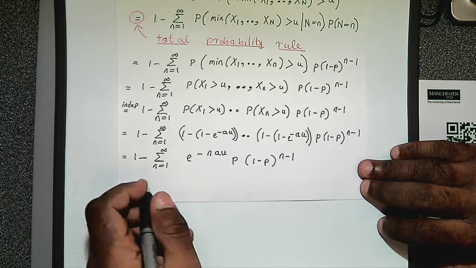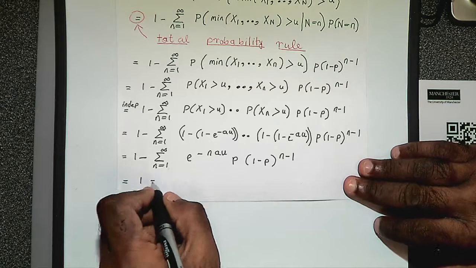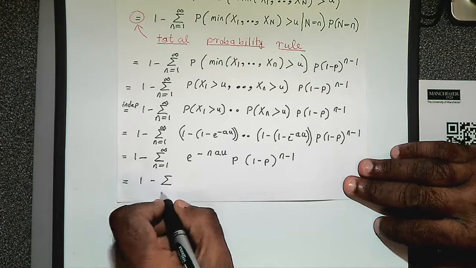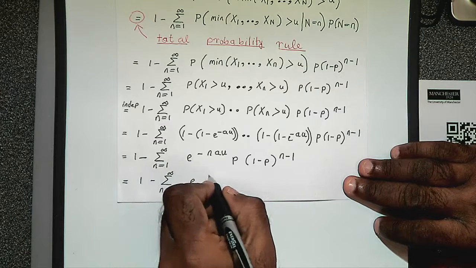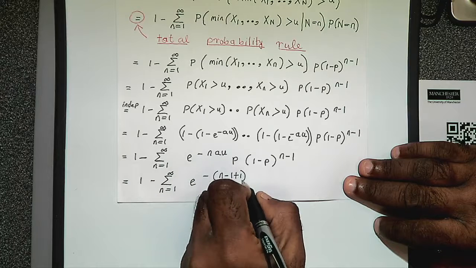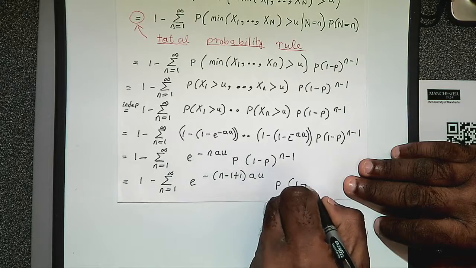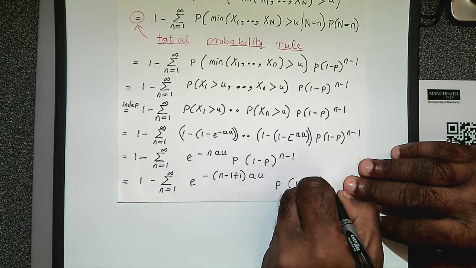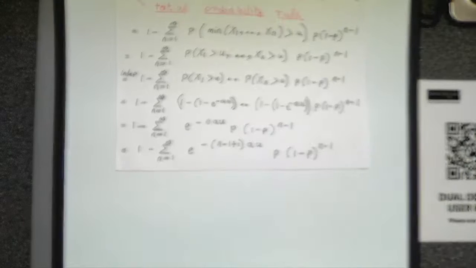Yes. Okay. Now the next thing I'm going to do is the following. I'm going to write the n as n minus 1 plus 1 times au.